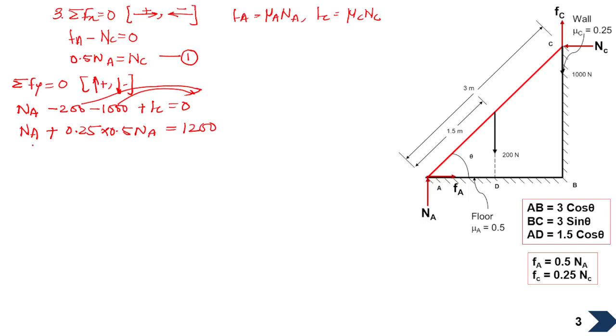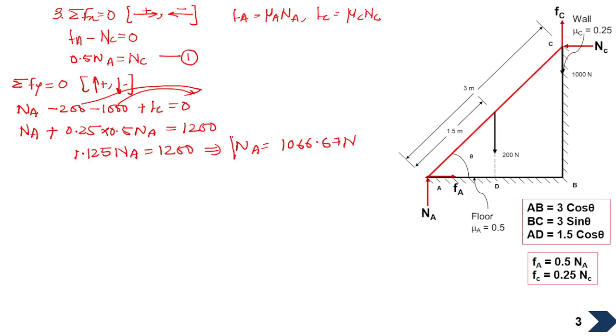So we have 1 and 0.25, so this will be equal to 1.125 NA, and this is going to be equal to 1200. This implies that we'll have NA as equal to 1066.67 Newton.